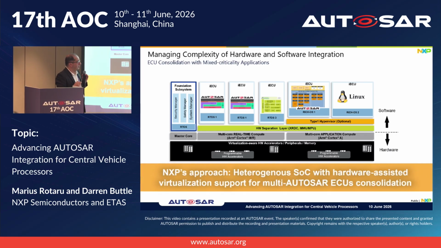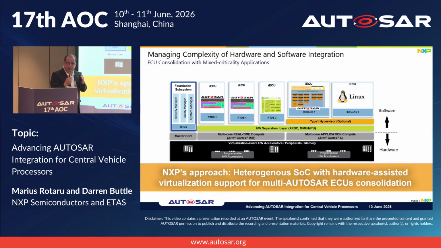I want to mention that our approach to address the central computer architecture is to provide a heterogeneous SoC with hardware-assisted virtualization support to allow multi-AUTOSAR ECU consolidation happening together with various other operating systems. So that's the key technology here.